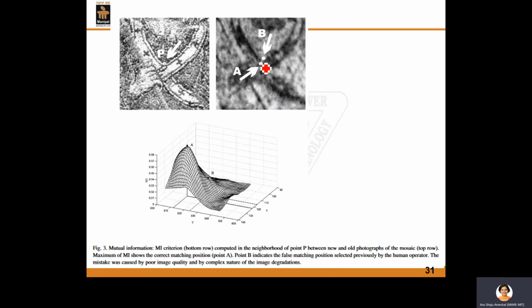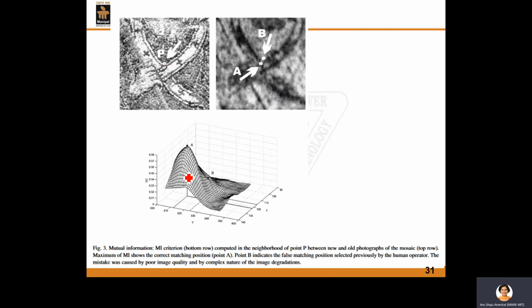If I consider any other point, let's say B, the mutual information is reduced. For all points other than A, the mutual information is reduced, but at point A, it peaks. So by looking at the peak of this mutual information plot, I can say that point A is the matching point for point P.